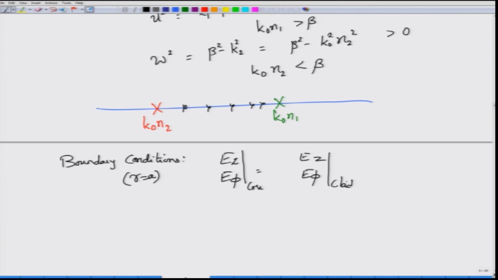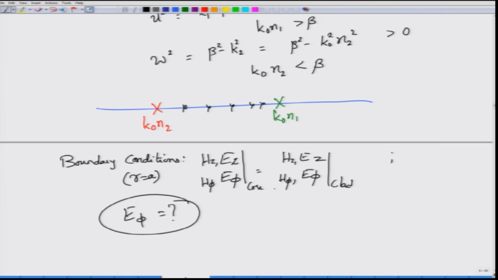I already have Ez, but then it is your job to find out E phi. Okay, what is E phi? Find out that. Similarly, there will be equivalent results for Hz and H phi as well. The core Hz and H phi must be equal to clad Hz and H phi at the boundary.